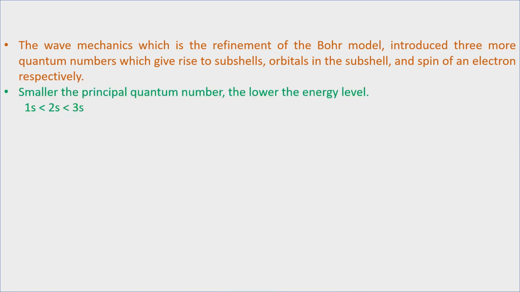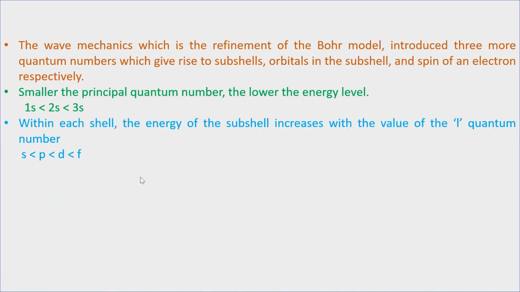And when we see the energy of different shells, based on the principal quantum number, n equal to 1, 2, and 3, the one with larger principal quantum number has more energy, whereas n equal to 1 has the lowest, n equal to 2 next, and n equal to 3, and n equal to 4 has more, likewise.